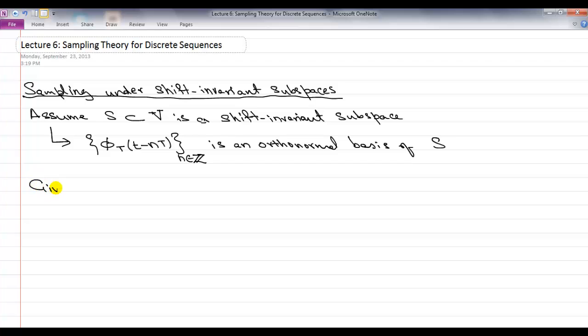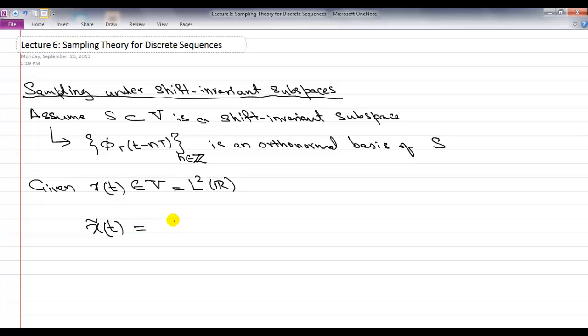Given some x of t, which belongs to the vector space, which so far we have considered to be L2(R), the space of finite energy signals, we first write down the approximation of this function in the shift invariant subspace, given by the projection formula.